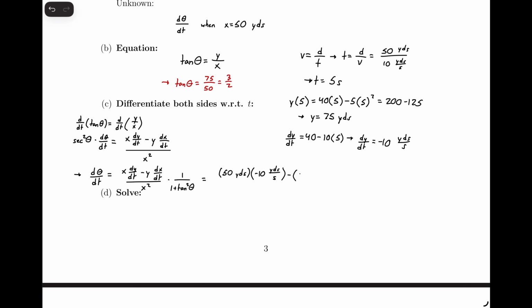Minus y is 75 yards, times dx dt, that's 10 yards a second. All of this is over x squared, which is 50 yards squared.